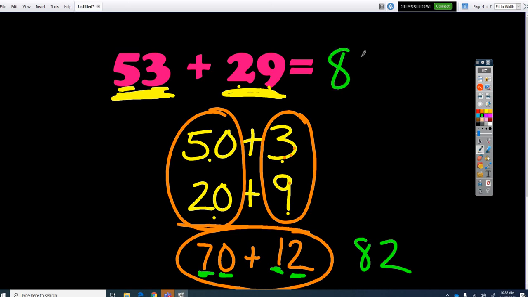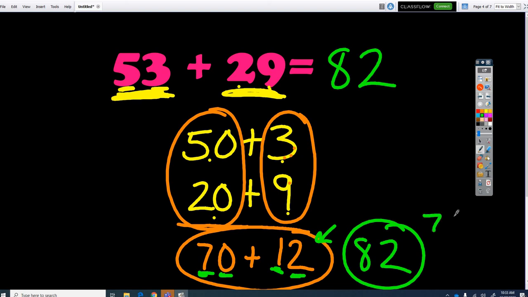So I've got 82 as my answer, and that's the break apart strategy. And remember, down here where I got 82, if you can't do it when it was laying down, you can stack it up and do 70 plus 12. You're still going to end up with 82. It didn't matter if you stand it up or you lay it down like right here. But 82 is my final answer.